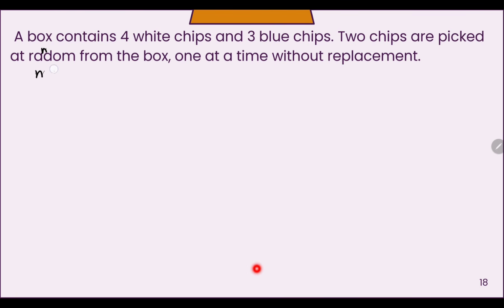So n of the chips would be, how many all in all? 4 plus 3 will give us 7. How many white chips are there? We have 4. And how many blue chips are there? We have 3. Right? So let's set up probabilities.